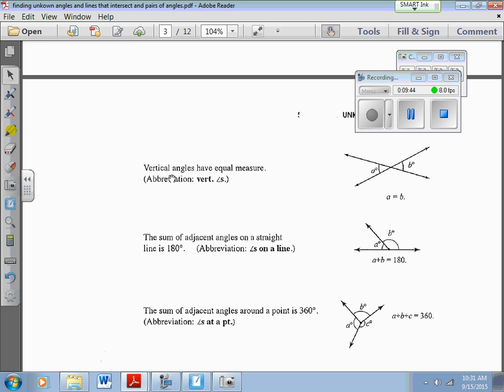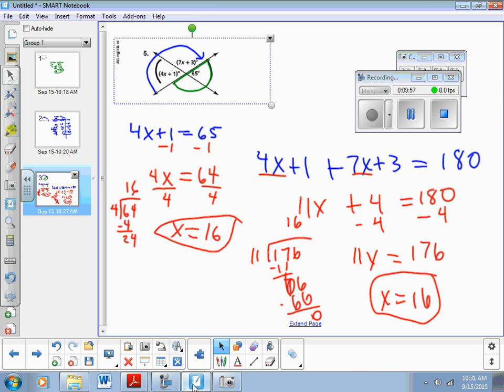Adjacent angles, vertical angles. So in that problem right there, you could have also done 180 minus 65, and that would have given you this question mark angle right there. If you get that angle, then you know 7x plus 3 is equal to that number also. That's another thing you could have done.